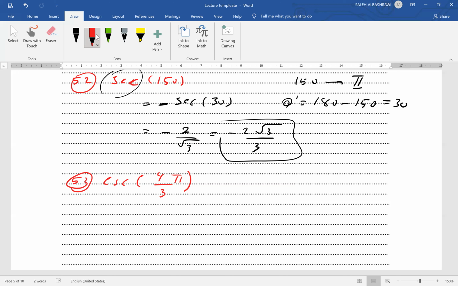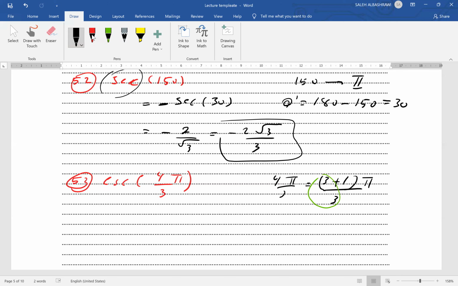This is 4 pi over 3. It can be written as 3 plus 1, pi over 3. Now 3 over 3 is equal to 1, and 1/3.